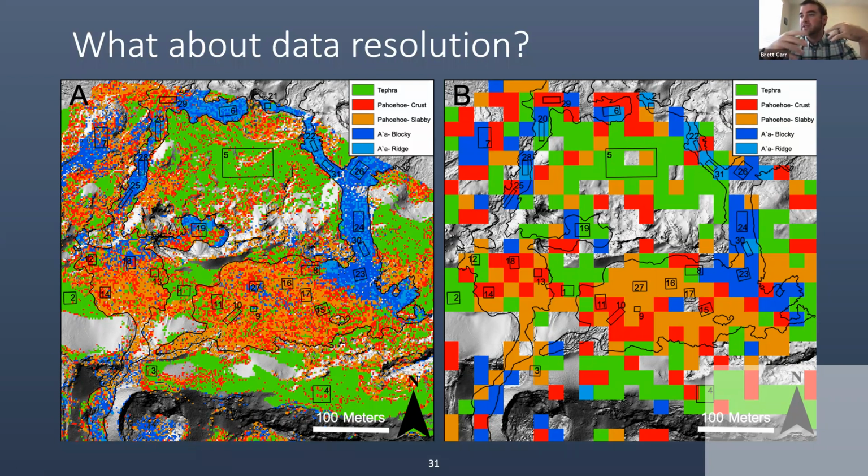And when you resample the classification, you do start seeing, okay, here's all this slabby Pahoehoe. And then here's a region of ridged, here's a region of blocky. So when you resample to different resolutions, you do see an improved cohesiveness of the different units.